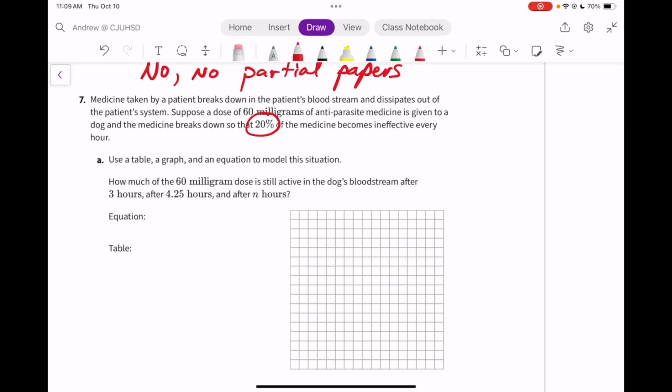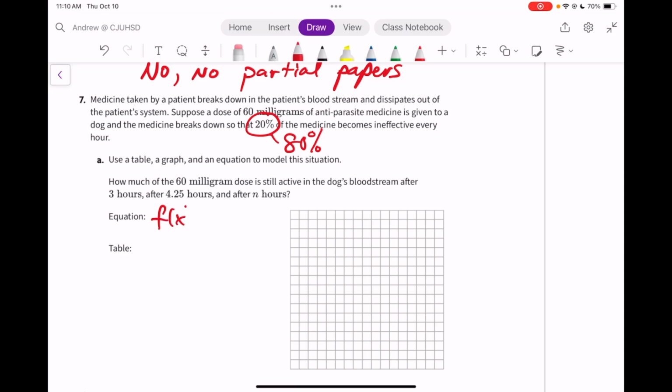That helps us to do our equation. If 20% leaves, 80% stays. So is it continuous? Yes, it is, because it makes sense to think about in between the hours.